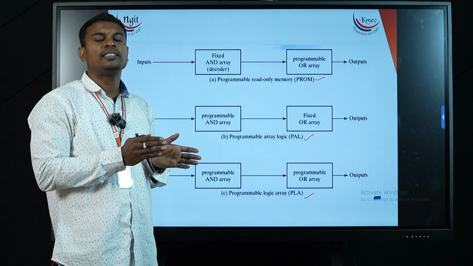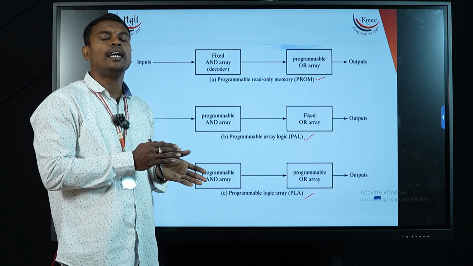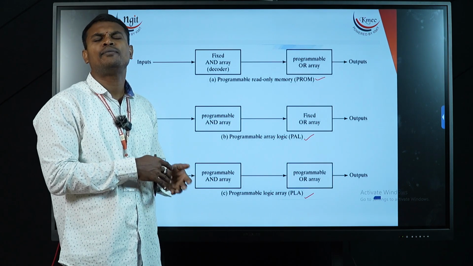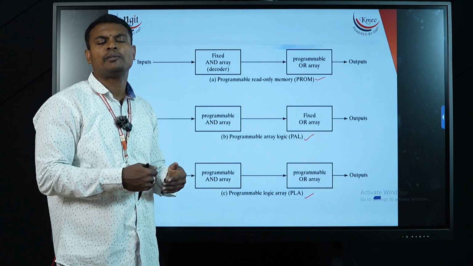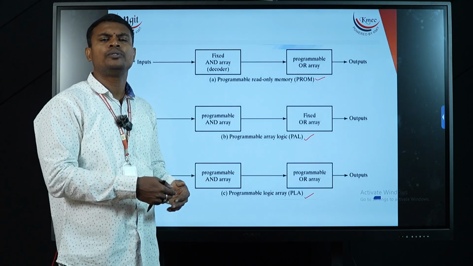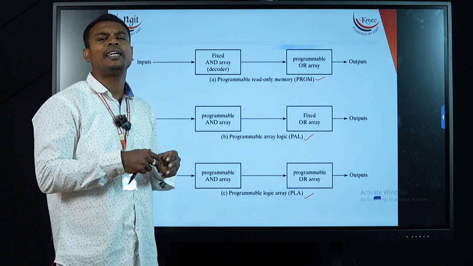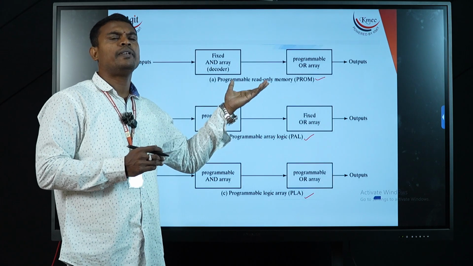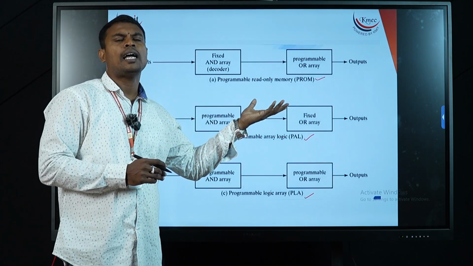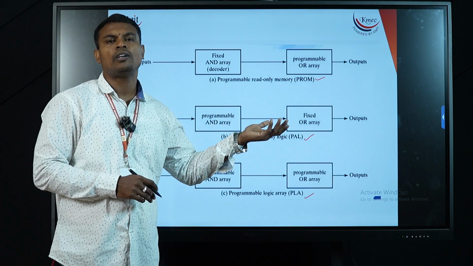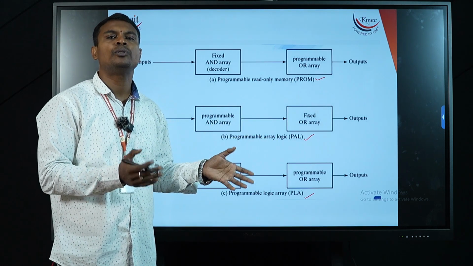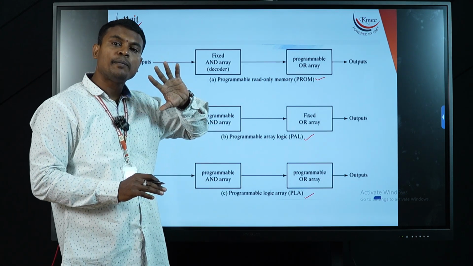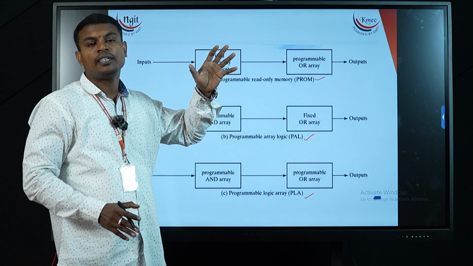Programmable devices contain gates only: AND gates, OR gates, XOR gates, exclusive NOR gates, NAND gates, NOR gates, all the basic gates and universal gates, and these combinations together we call PLDs. In a few devices AND gates are programmed, in a few devices OR gates are programmed, in a few devices both AND gates and OR gates are programmed. So based upon that programming capability we differentiate our devices.